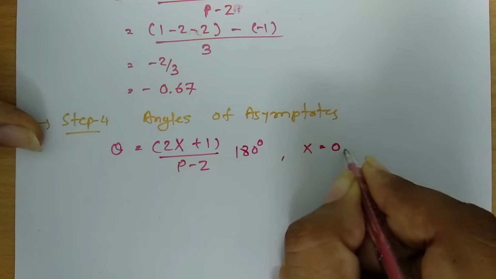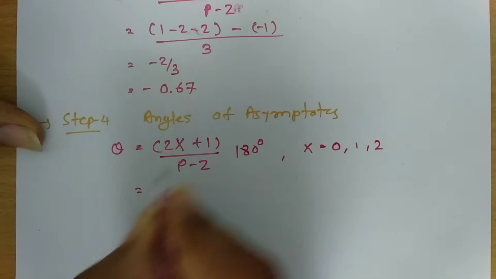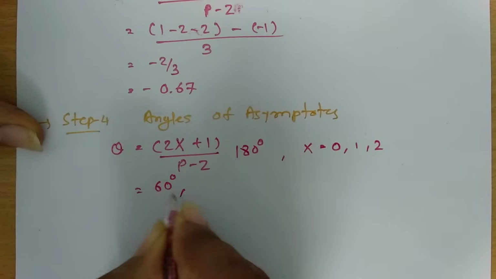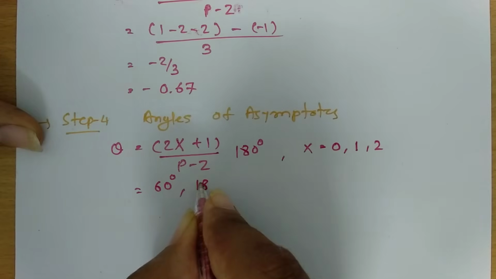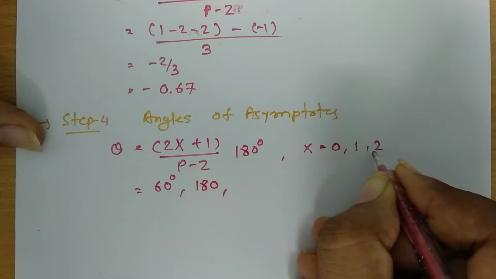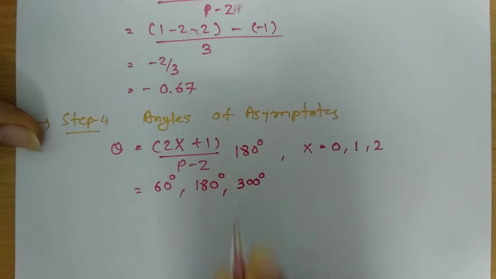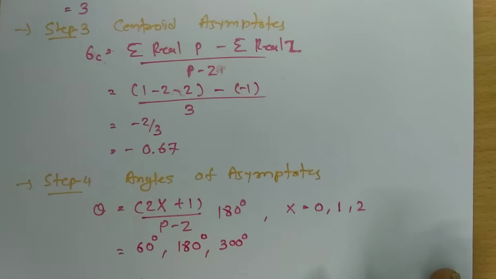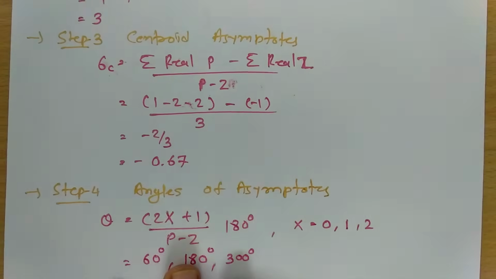So the x value will be 0, 1 and 2. If I place 0 in this, that results in 60 degrees. If I place 1, it will be 180 degrees. And if I place x equals 2, the angle will be 300 degrees. That is how we can identify the asymptotes in this given root locus.